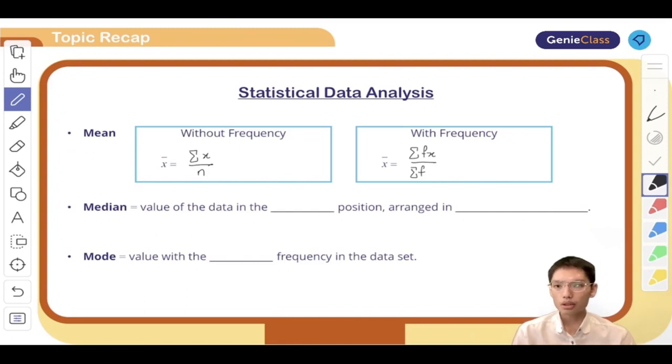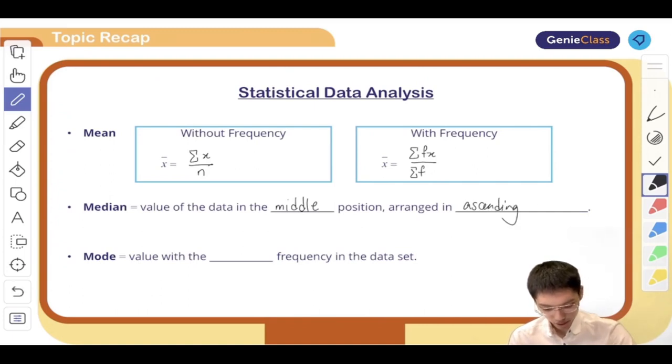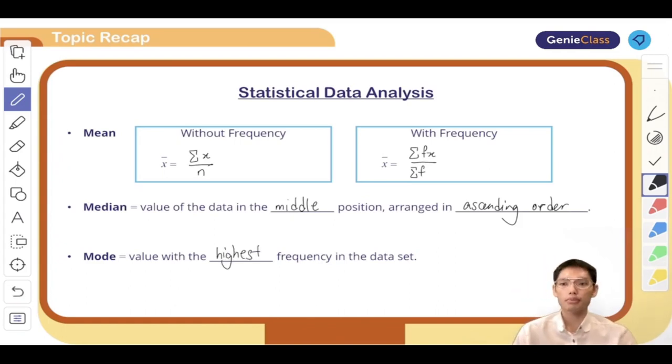I will skip through it, but I think most of you got it. Very good, I see some responses. Median, I'm looking at the value of the data in the middle position, arranged in order. And for the mode, it will be the highest frequency. This was gone through inside too, so I just recap from there.